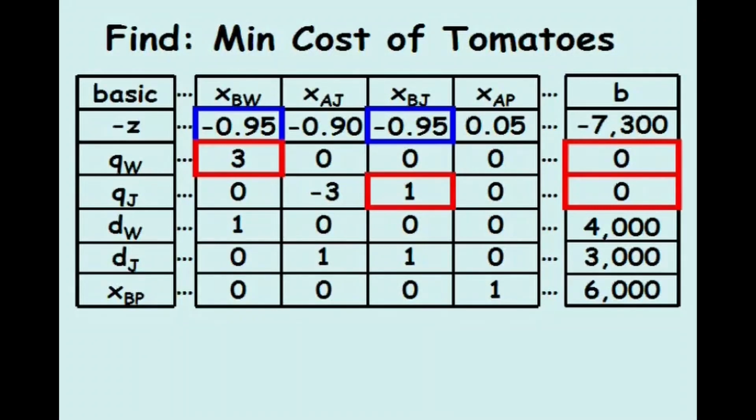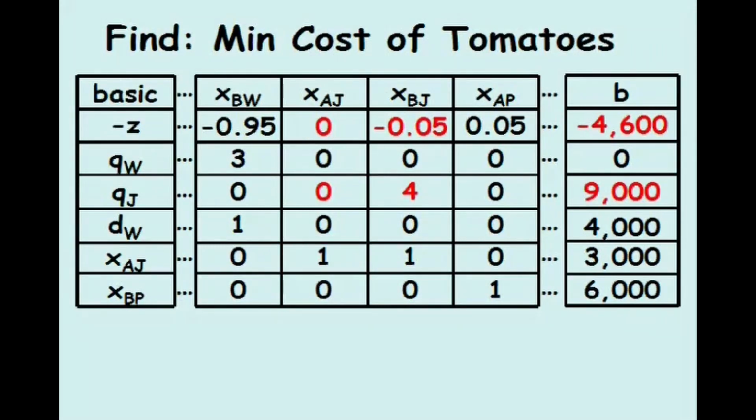Therefore, we'll pivot about variable XAJ by adding 0.90 times row XAJ to row Z, and adding 3 times row XAJ to row QJ.